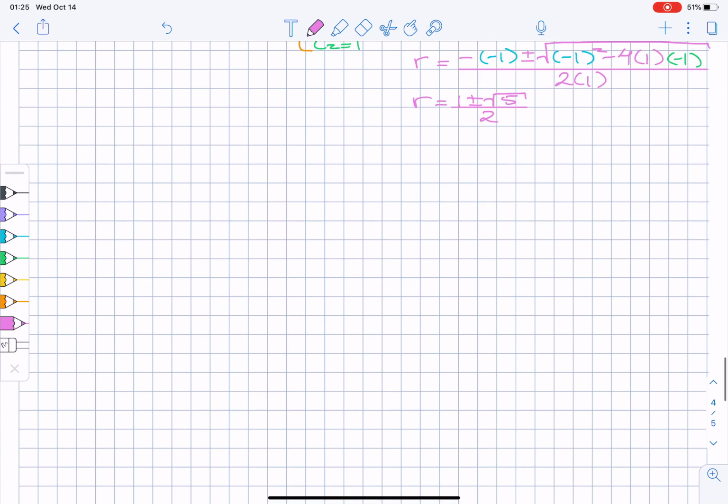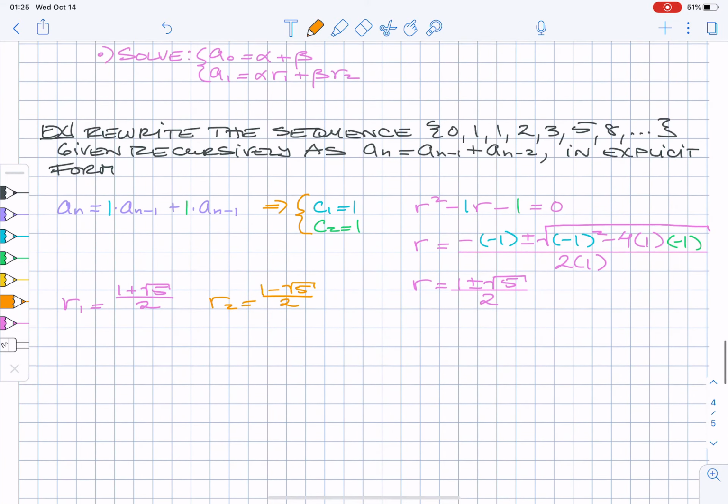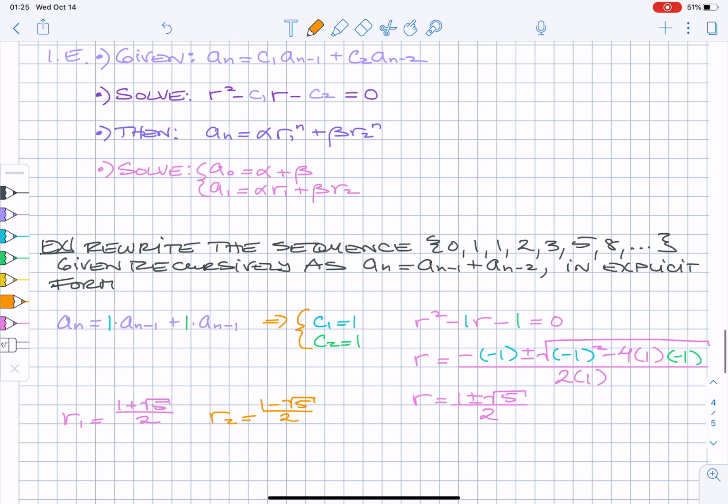So r sub 1 is equal to 1 plus the square root of 5 all over 2, and r sub 2 is equal to 1 minus the square root of 5 all over 2. So those are the roots, r1 and r2, of that quadratic.